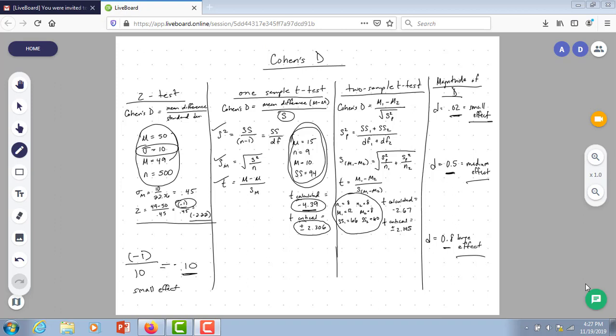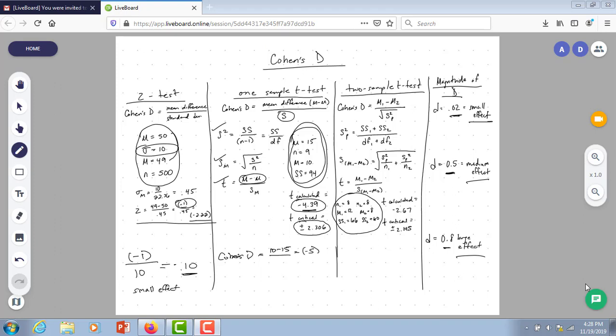We could do this by simply putting our mean difference in the numerator. So we would go Cohen's d equals, let's say the mean difference was 10 minus 15, right? So you're basically taking the numerator of your t and putting that into the numerator of your Cohen's d. So we got 10 minus 15, which gives us a -5.